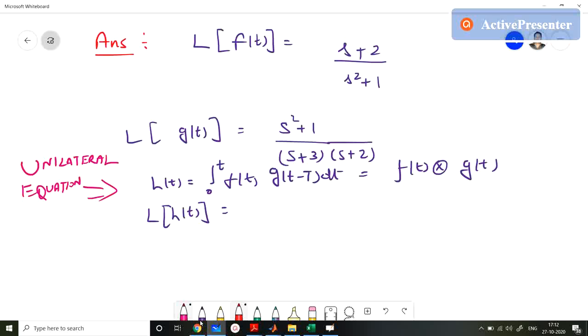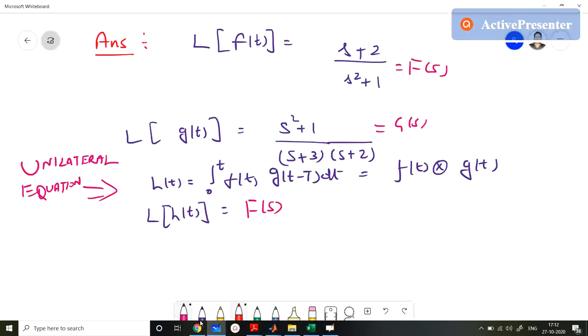So we can find the unilateral Laplace transform. The Laplace transform of f(t) is denoted as F(s), and that of g(t) as G(s).